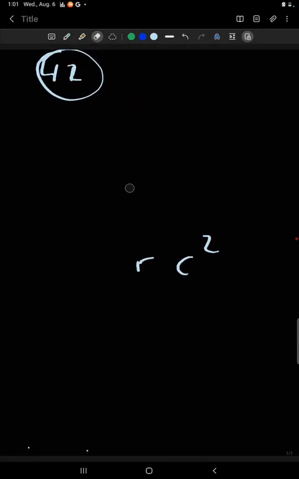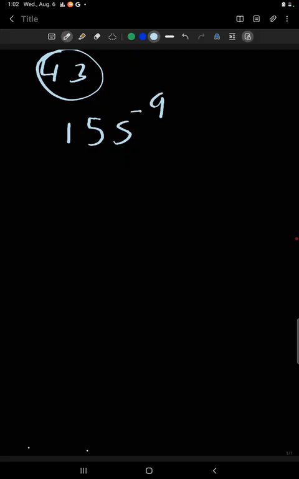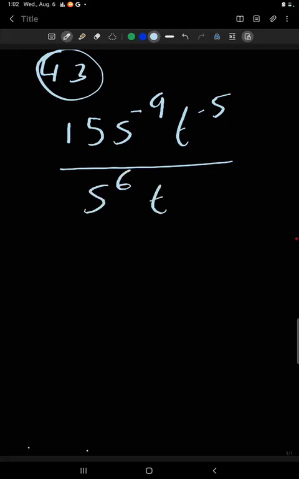And of course 43. The problem is 15 s to the power -9 t to the power -5 over s to the power 6 t to the power 4.